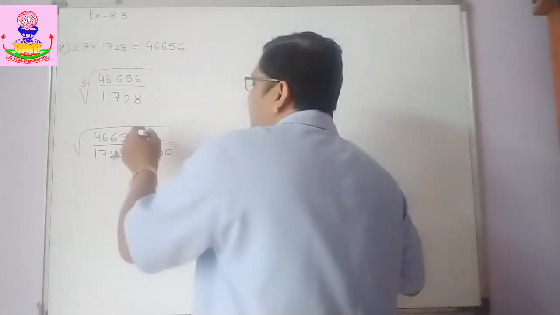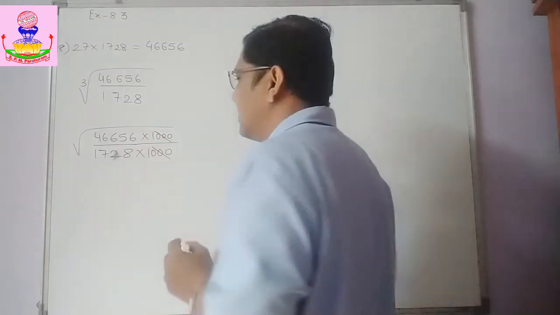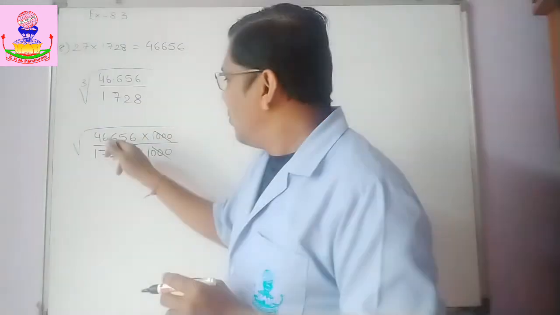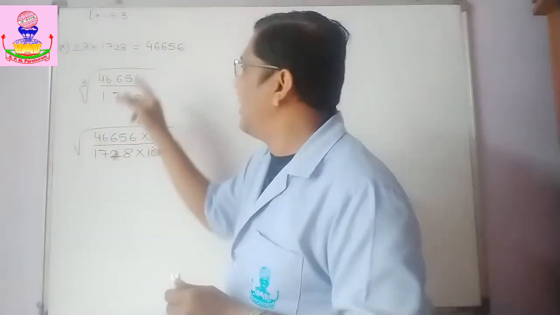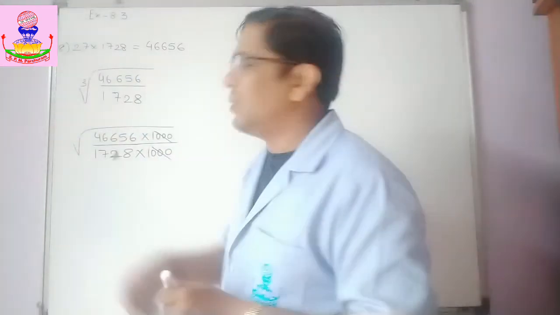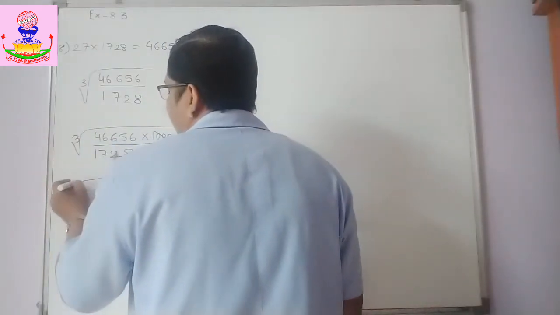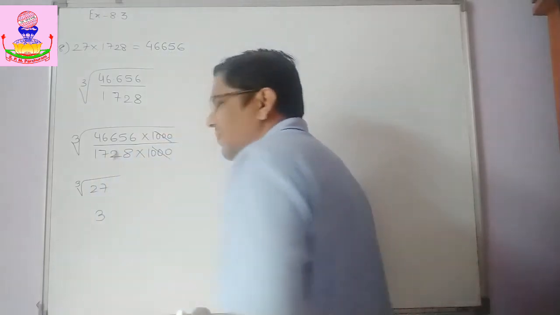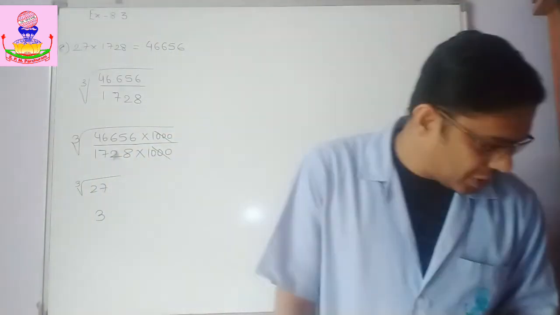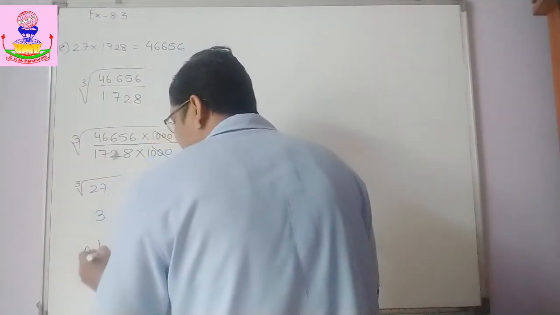So in the numerator, 3 zeros. That is 1000. Now 1000 gets cancelled. Now 46,656 divided by 1728, I have told you first, I should get 27. So cube root of 27. Cube root of 27 is 3. And so option number 4.